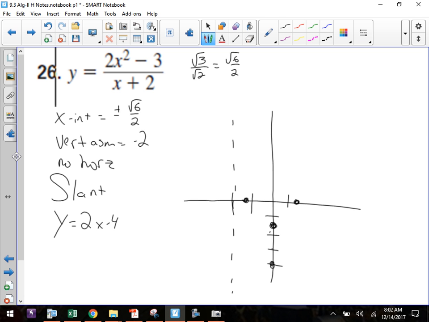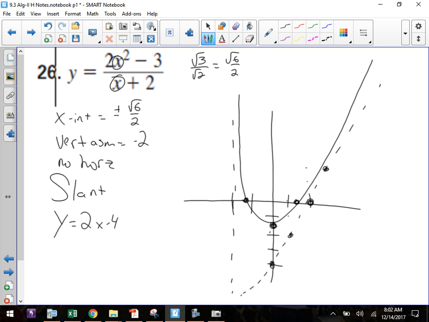Up 2 over 1. I'm putting in zeros for my x's. I'm getting the y-intercept. So your curve is probably doing this, which means there's a mirrored one way down below doing the other side. Okay. And that's how you place those things out with your asymptotes.